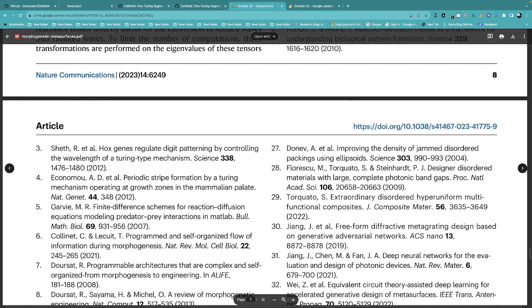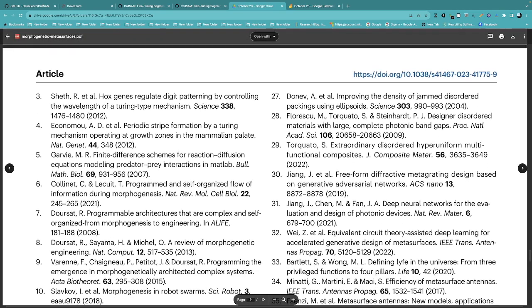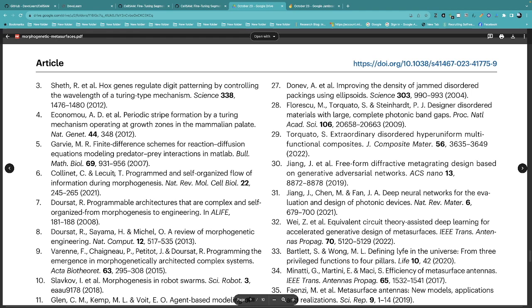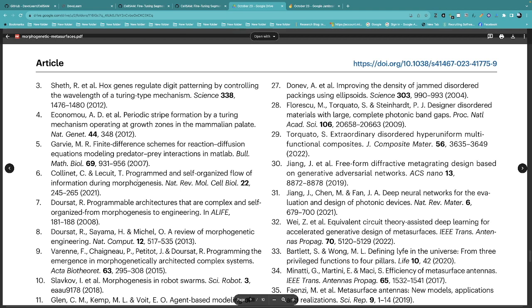We also have Hox genes regulating digit patterning by controlling the wavelength of a Turing-type mechanism. So people have done this with different types of methods before. And then we talked about 6, which is programmed and self-organized flow of information during morphogenesis.